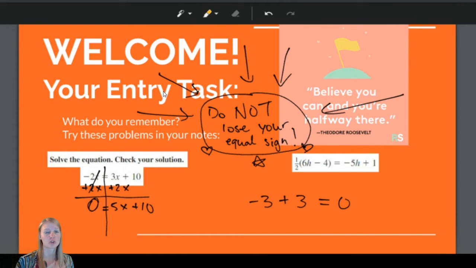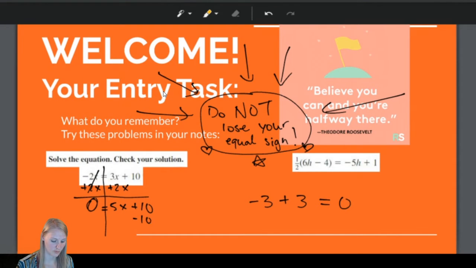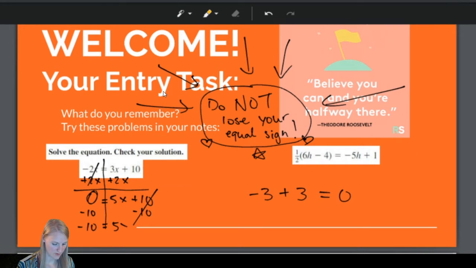And you would do this just like you would any other equation. I'm going to subtract 10 from both sides to get rid of the 10 on this side. And now we have negative 10 equals 5x. You want the x by itself, so we divide by 5 on both sides.